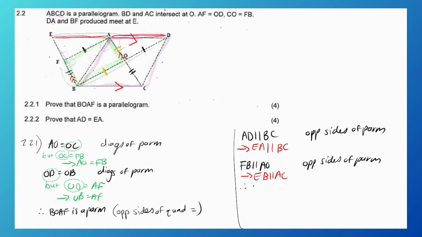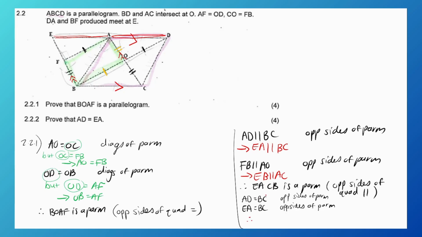Then EACB is a parallelogram because the opposite sides of the quad are parallel. Because of this, AD is equal to BC, and EA is equal to BC, in both cases opposite sides of a parallelogram. Because BC is the same line, AD is equal to EA.